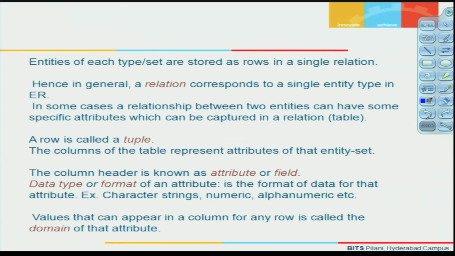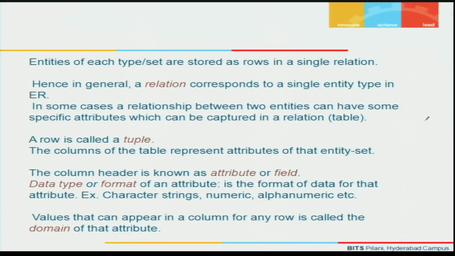Entities of each type or set are stored as rows in a single relation. Suppose you go back to the database representation at conceptual level using the ER model, what entity types did we have? Let us assume that we have employee entity type, and then we have department entity type.